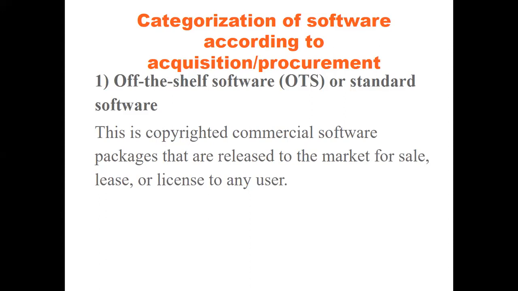So any software that you go to town, if you went to Kampala Road and bought software from the Indian shop, that kind of software is copyrighted and it is commercial. The person who makes it releases it to the market for sale or lease, like they hire it to you for 1 year. After that, the program will deactivate, then you need to buy another license.